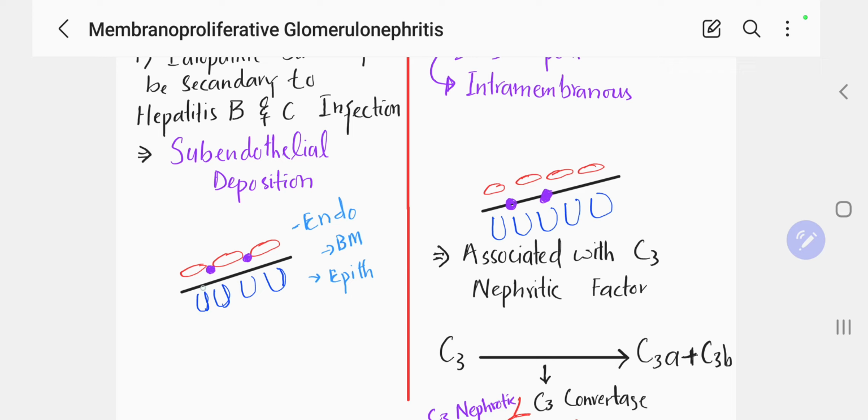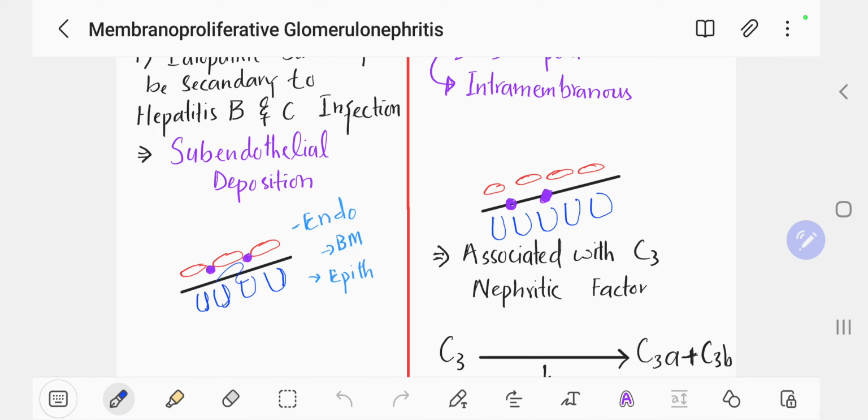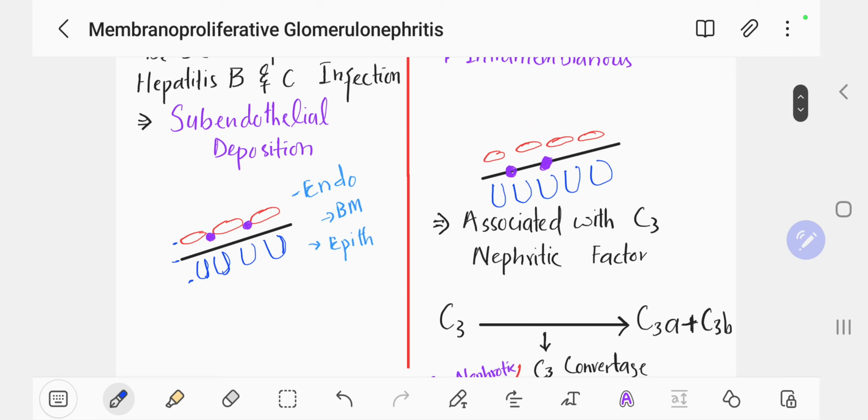Subendothelial is, for example, this is the basement membrane, this is the endothelial, this is the epithelial of Bowman capsule. So the subendothelial deposition occurs, and here the deposition on the basement membrane occurs, which is also called the dense deposition. This is important.